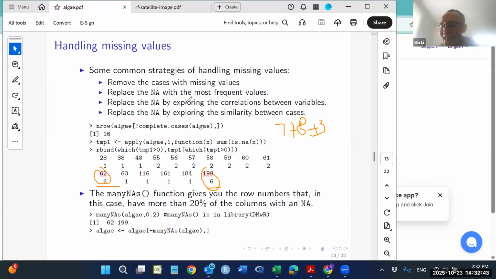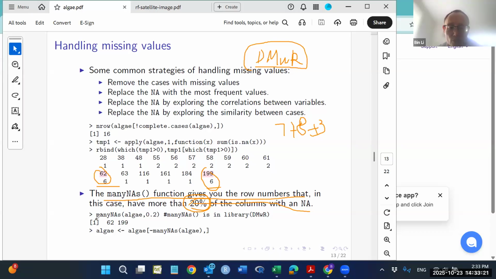Okay, and in that package DMwR, remember the one that I taught, and here notice the lower and uppercase, there is a function called manyNAs that can remove the rows if more than 20% of the variables have missing values. And of course, there's an option. You can set the threshold. By default, it's 20%.